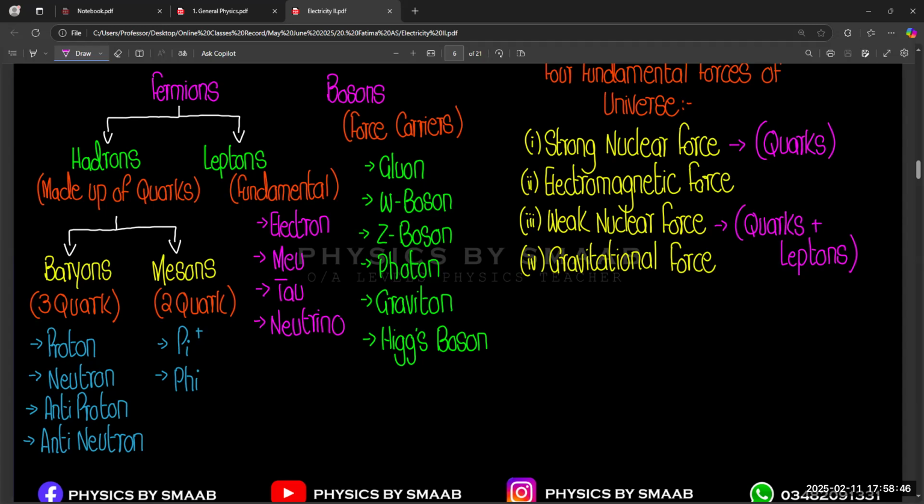And the rest of the chapter consists of the categories of the fundamental particles that we discussed. Other than that, in this chapter, you will not get any other specific type of questions or calculation that is required especially.